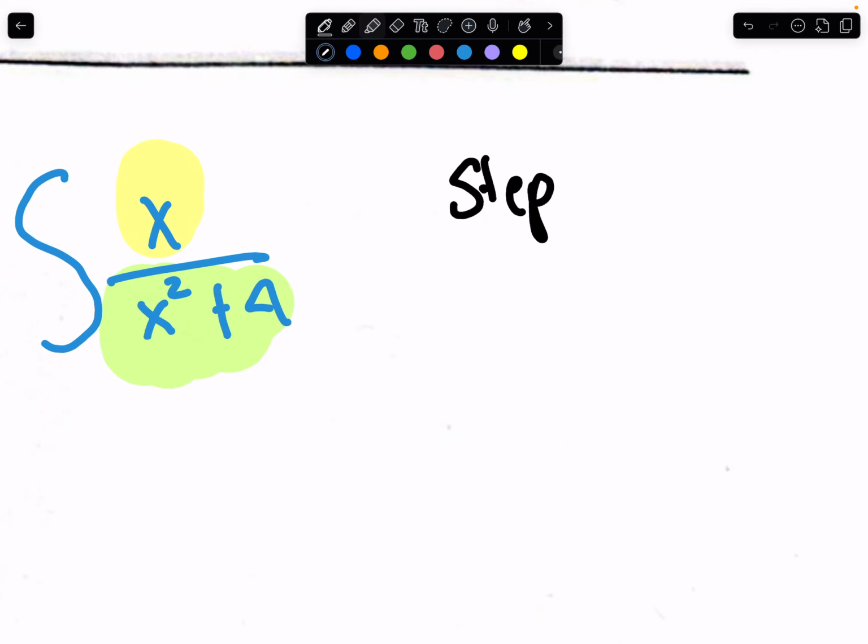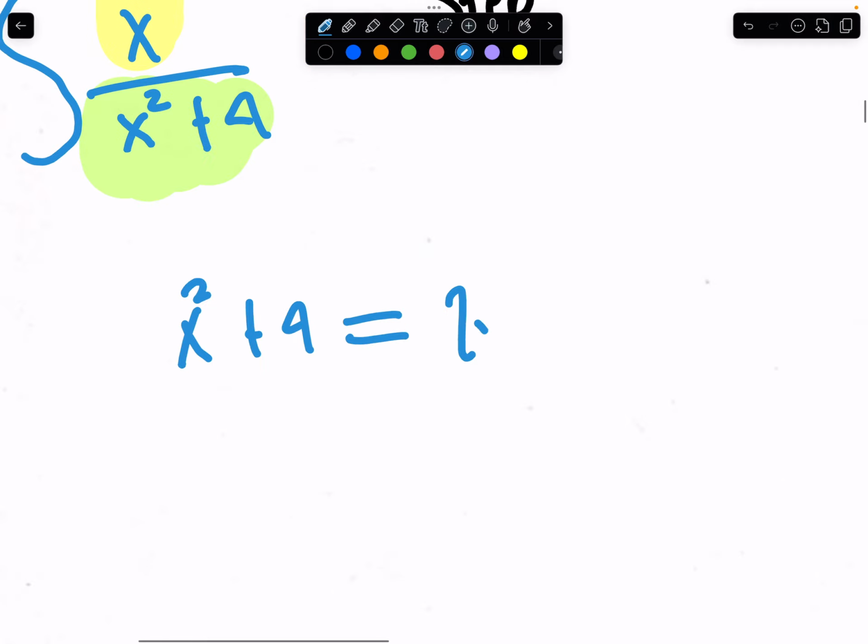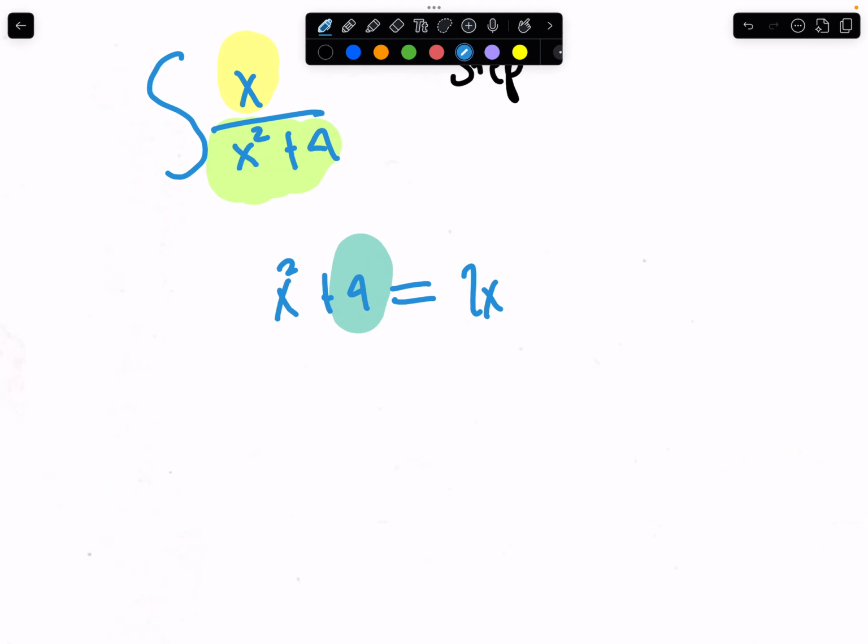In other words, we can try to differentiate x squared plus 9, which is 2x, and the 9 is just erased because there is no derivative of 9.